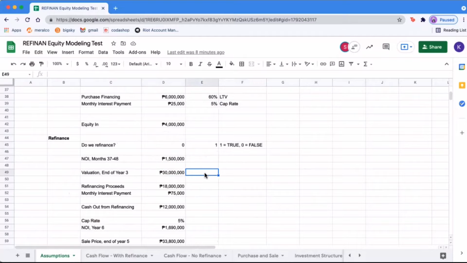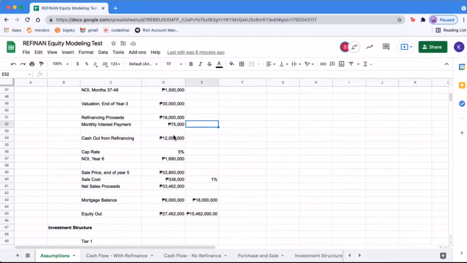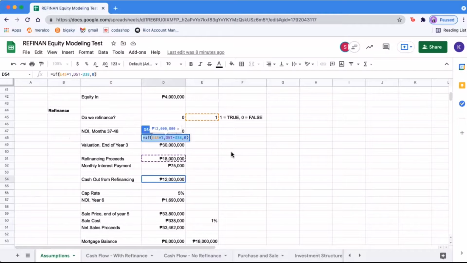And then for refinancing proceeds, we multiplied the valuation end of year 3 by 60% LTV. And then for monthly interest payment, this is the refinancing proceeds multiplied by 5% cap rate divided by 12 since we're computing for the monthly. Cash out refinancing, we just followed the if computation in the video.